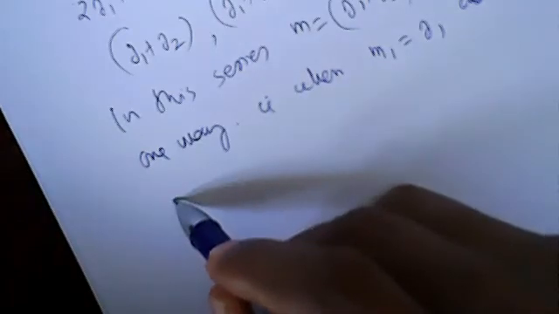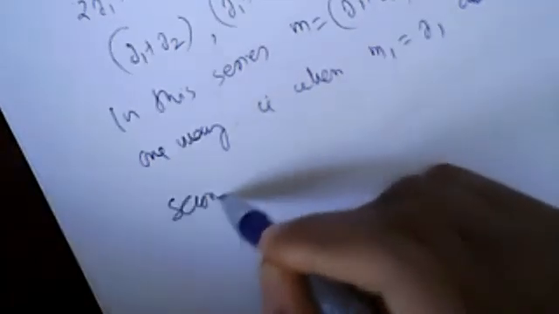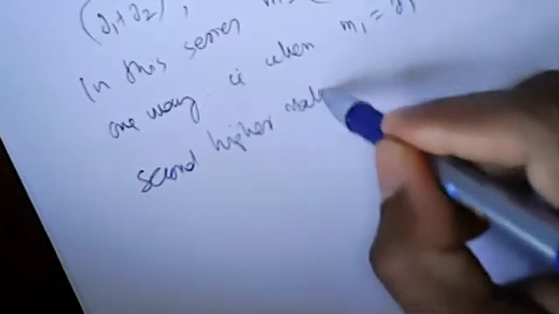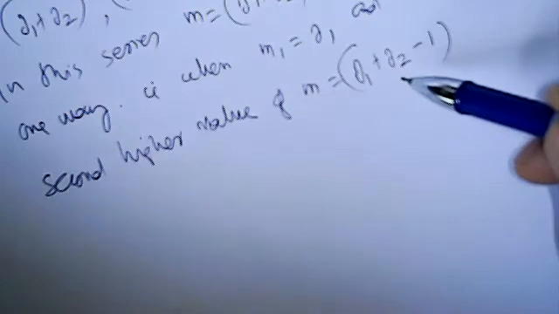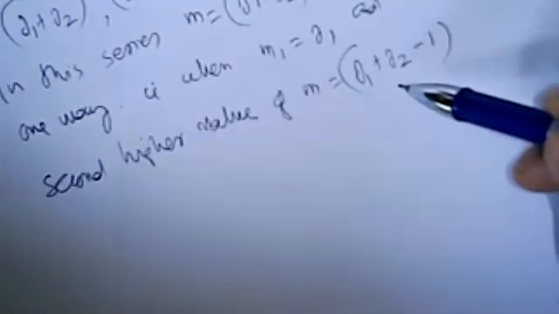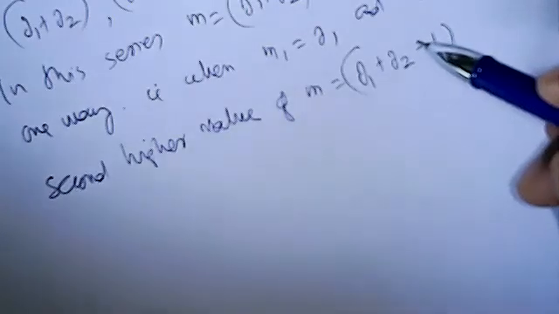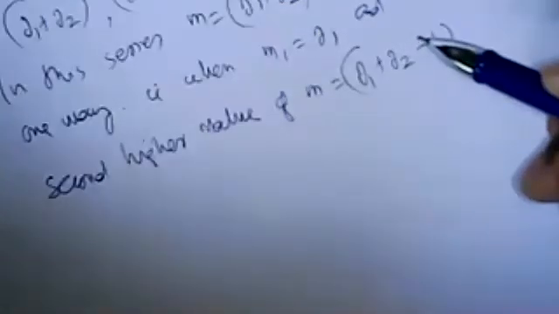Next value is this one, the second higher value of M, J1 plus J2 minus 1. What is the degeneracy of that one? Is it a singlet state or a doublet state? It is a doublet state. This can be obtained in two ways.